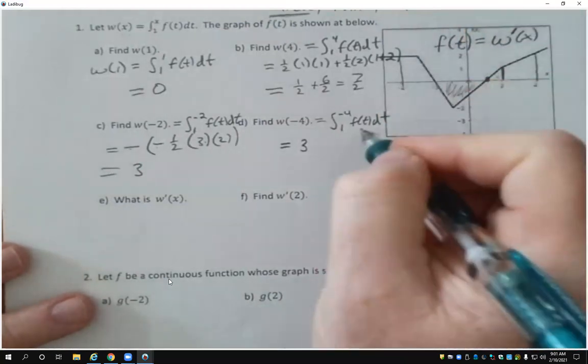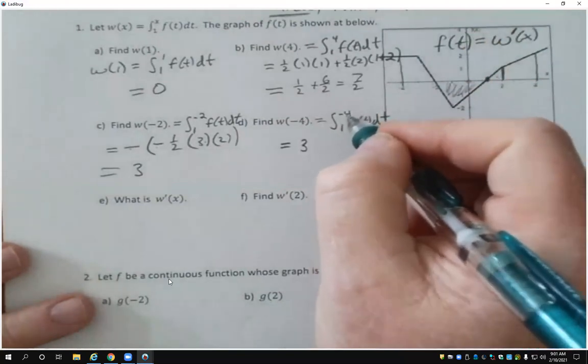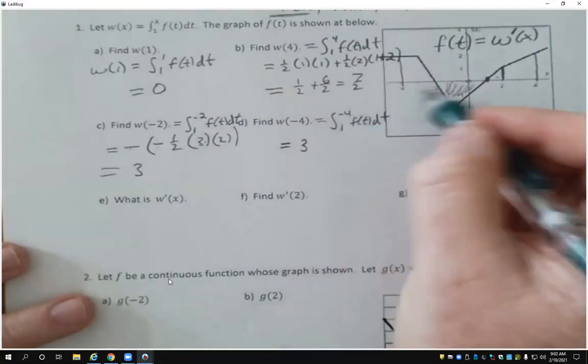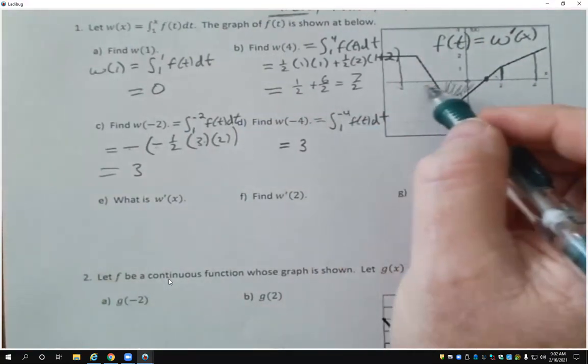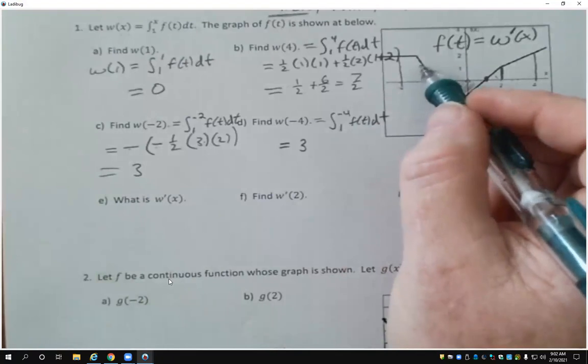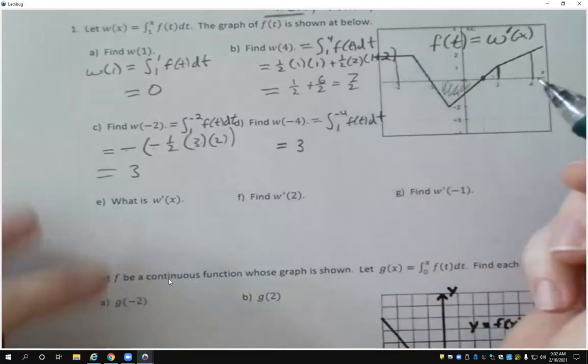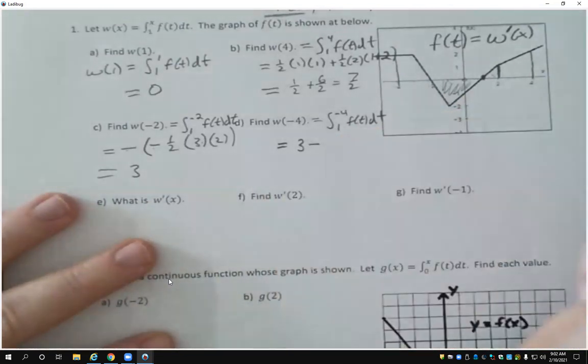Since we're going from -4 to -2, this is a positive area, but since we're going backwards, it's going to be a negative area. So it's minus this right here.